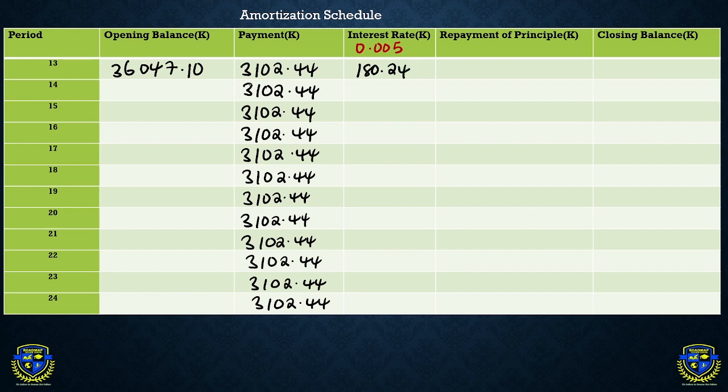Subtract 180.24 from 3,102.44. It's going to give us 2,922.20. Okay. Closing balance, we're going to subtract opening balance minus 2,922.20.